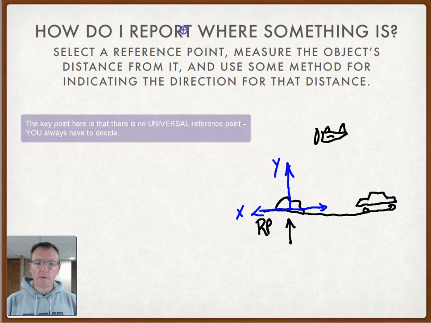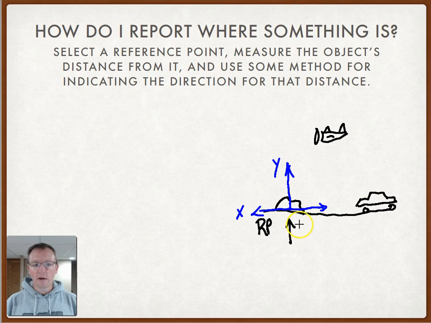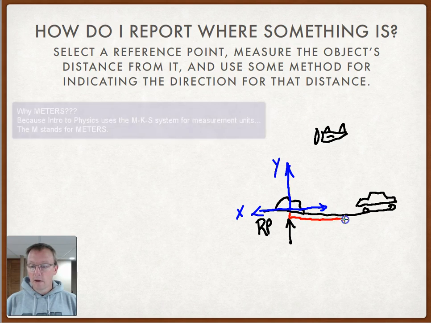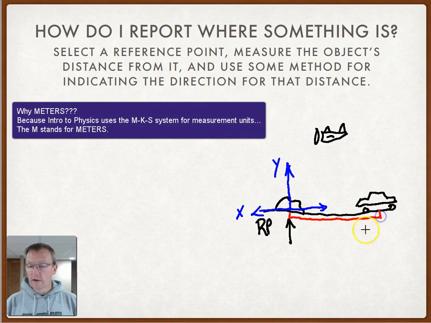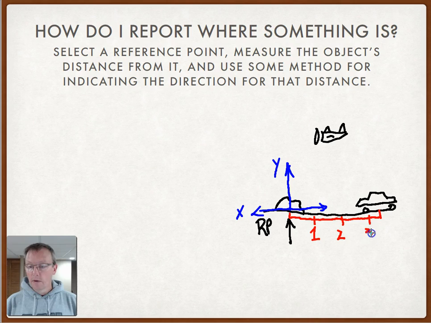So I've picked my reference point, and now I'm going to go ahead and make some sort of a measurement. I'm going to line up my meter sticks here, and I'm going to measure the distance that it is away from that rock. Let's say this is 1 meter here, this is 2 meters here, this is 3 meters there. So 1, 2, 3.